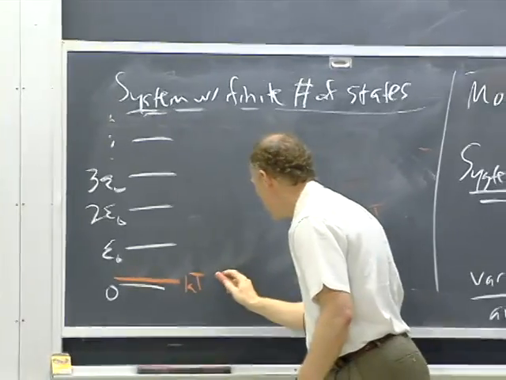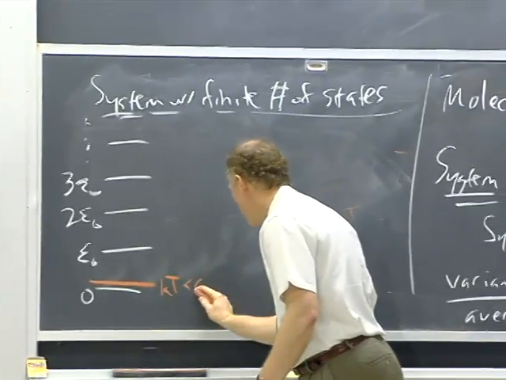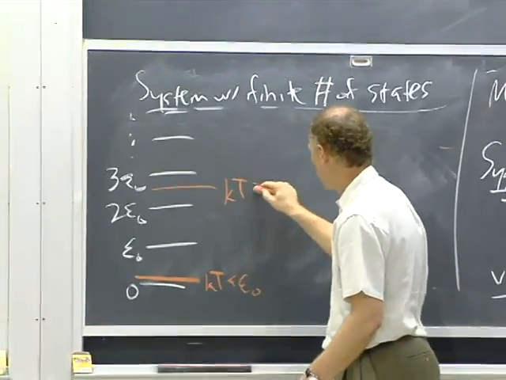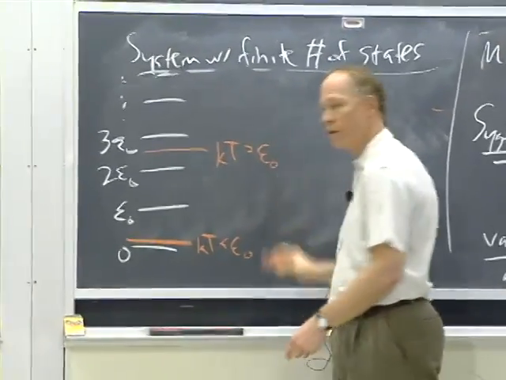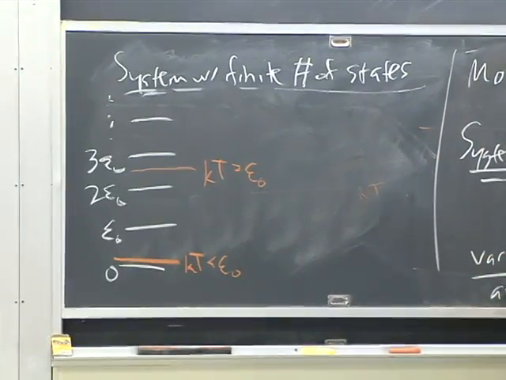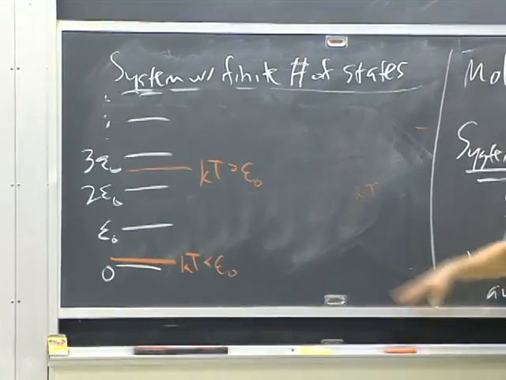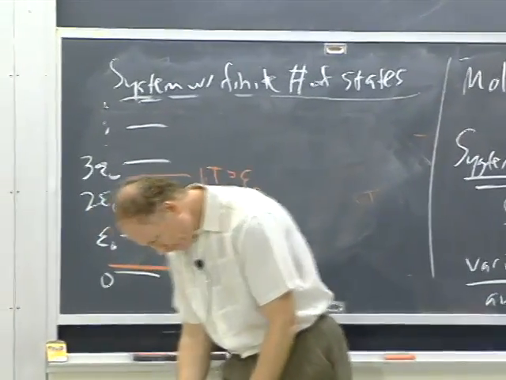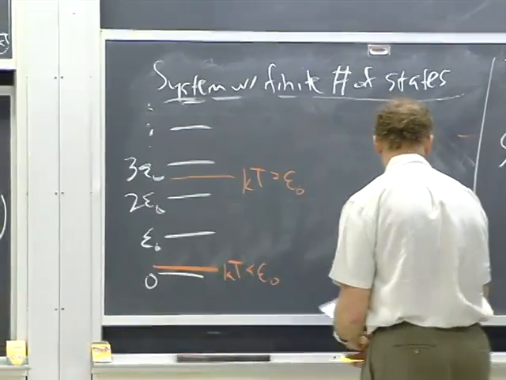So here's kT much less than epsilon 0, and up here kT is much bigger than epsilon 0. Now I'm just going to sketch the full temperature dependence. In other words, I'm going to connect those two limits that we've seen. So here's what that looks like.